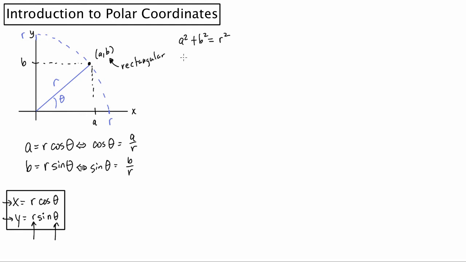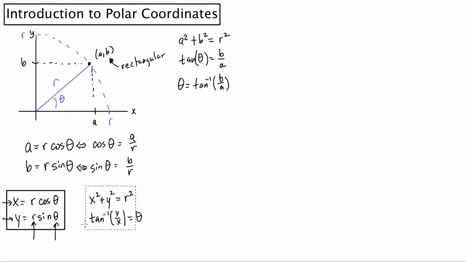And we also know that the tangent of theta is b over a, the opposite over the adjacent, which is akin to saying that theta is the arctangent or tangent inverse of b over a. So if you put all that together, that says then that x squared plus y squared equals r squared, and tangent inverse of y over x is theta. This is another way to relate x, y, r, and theta.